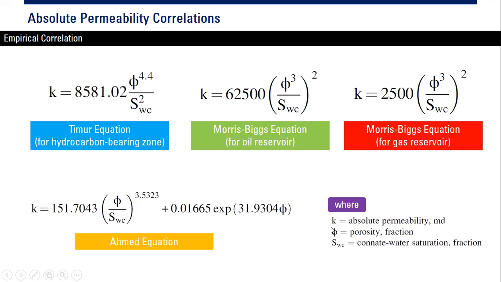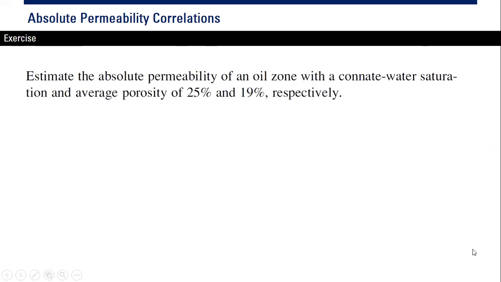Permeability will be in millidarcy, porosity in fraction, not in percent, and irreducible water saturation also in fraction, not in percent. If you use percent, then the formula will be changed. You need to modify the formula, but these equations are for porosity and irreducible water saturation in fraction. So be careful with that.